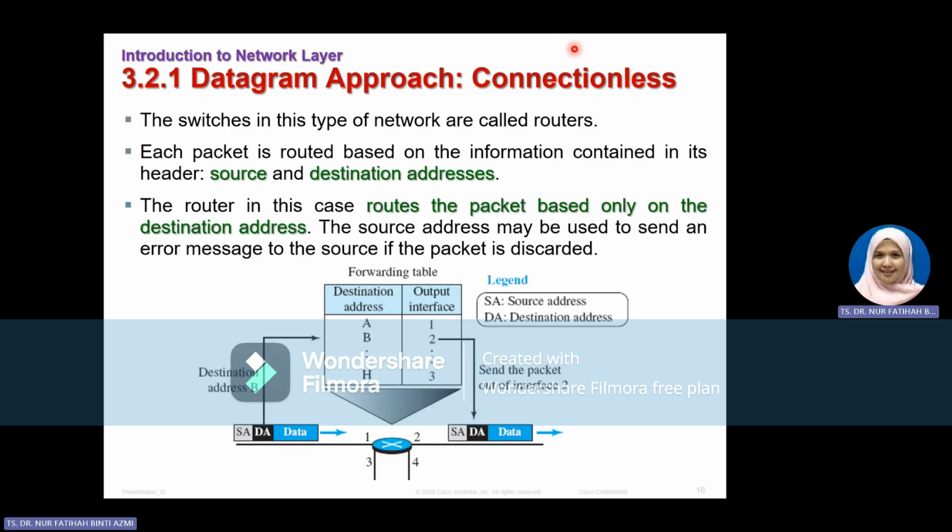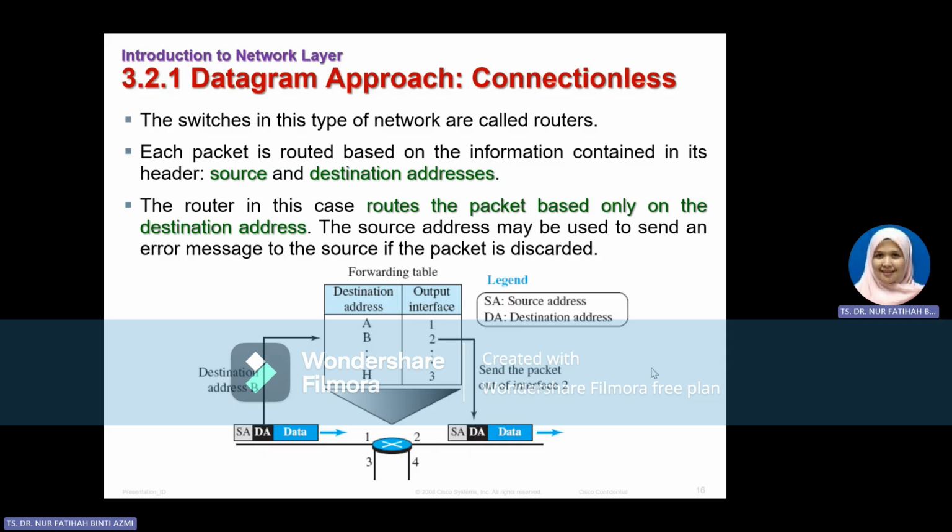The router only looks at the destination address to forward the packet. For example, destination address B is to be forwarded to interface 2. The source address is only used for error replies if needed.